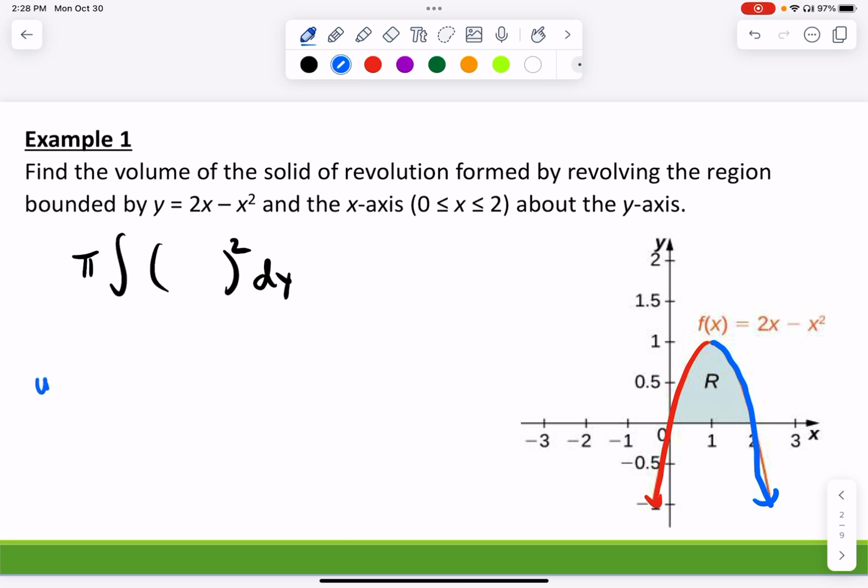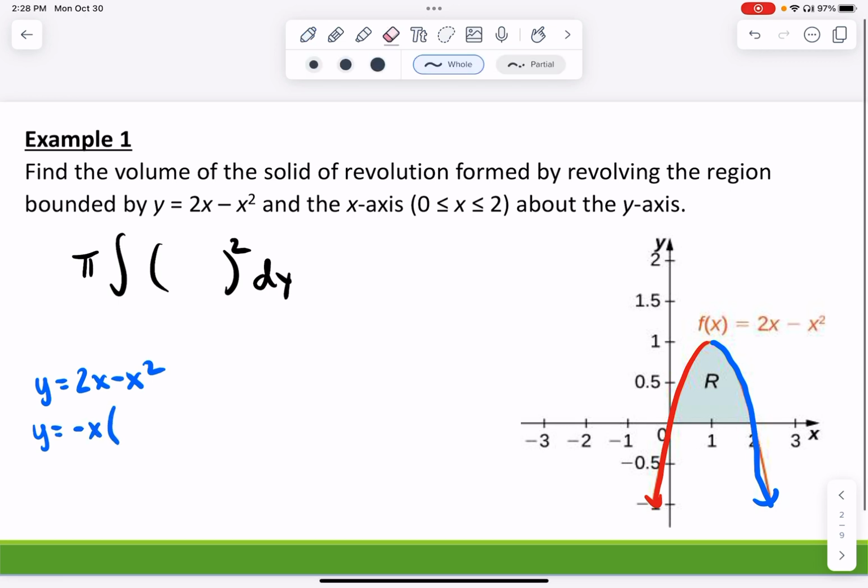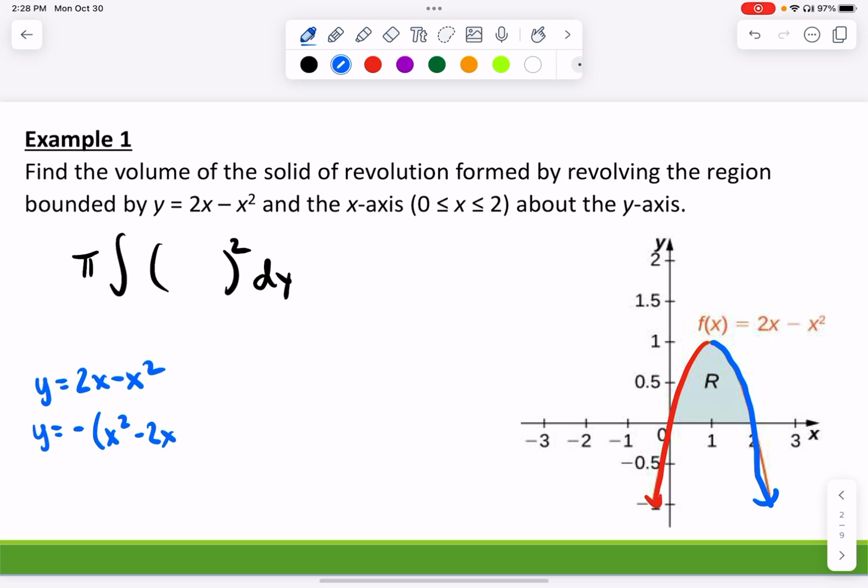So I have y equals 2x minus x squared. I factor out a negative, not a negative x, just a negative: x squared minus 2x. Now how we're going to solve for x is we're going to complete the square.